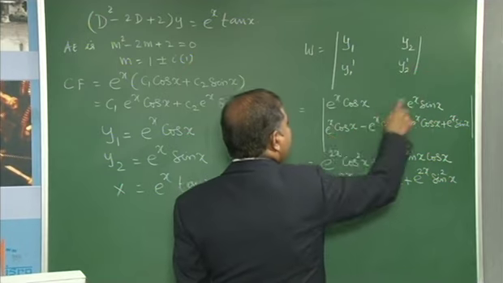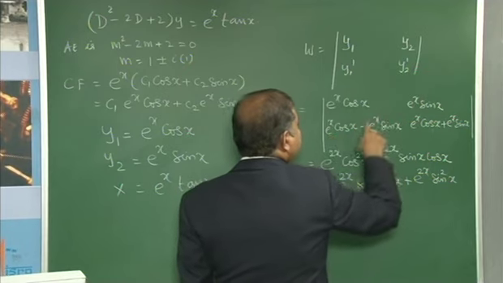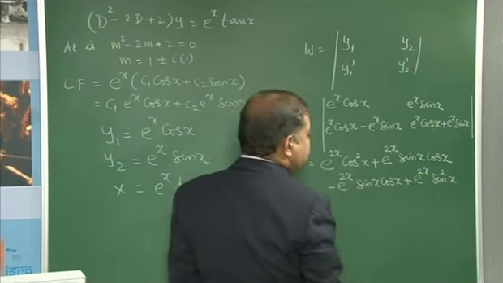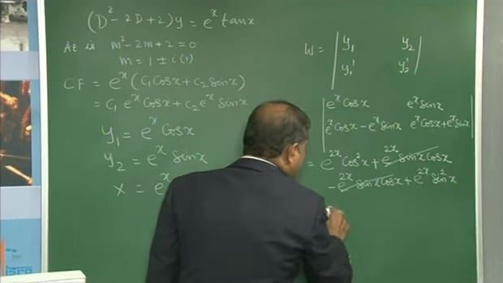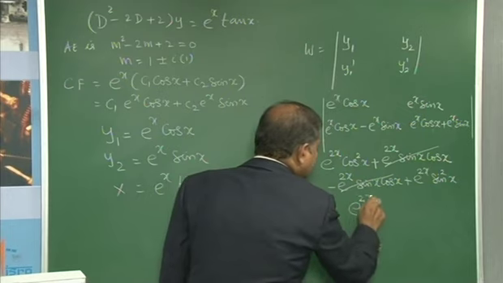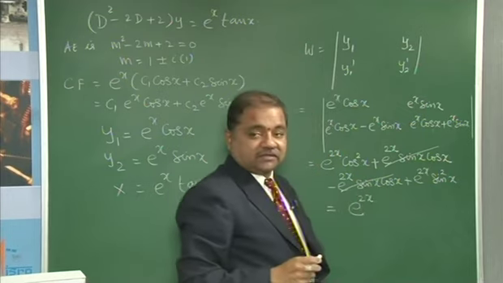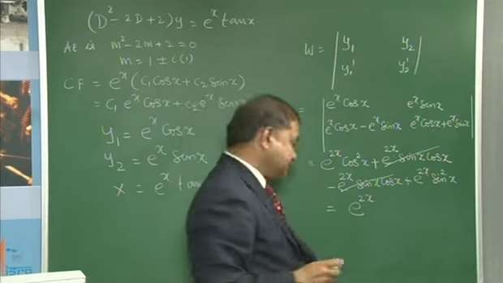So minus e^2x sin x cos x, minus into minus will become plus. These two get cancelled, cos² plus sin² will become 1. So I get the solution W = e^2x.